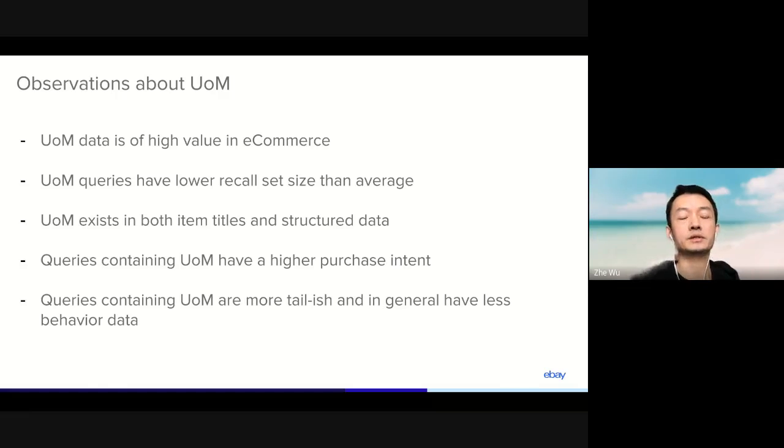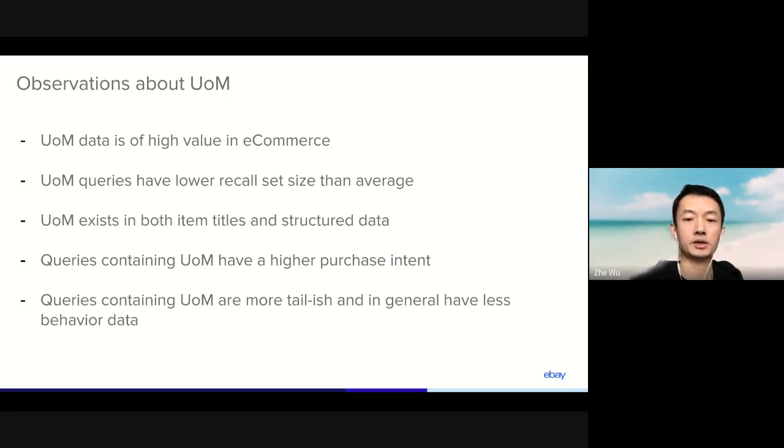UOM queries, a query containing UOM, say 32 GB or 5 foot, 6 inches, whatnot, tend to have lower recall set size than average. At eBay, UOM exists in both item data, a listing, thinking about a particular iPhone, and also structured data describing that item.